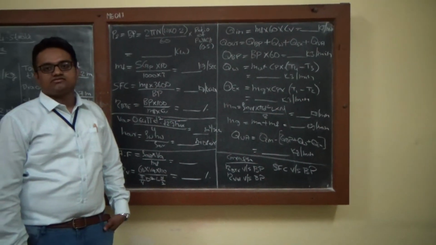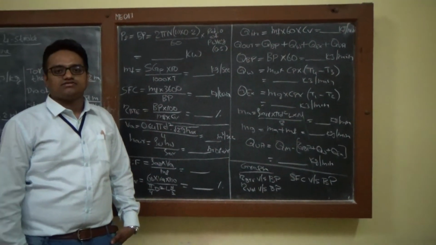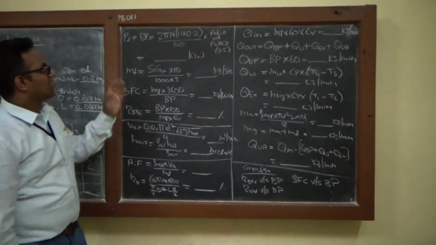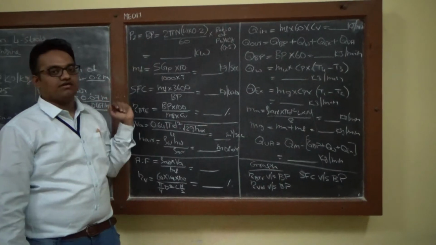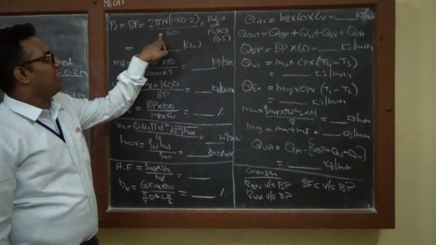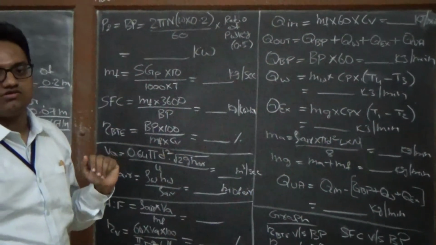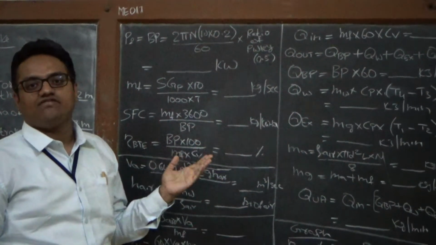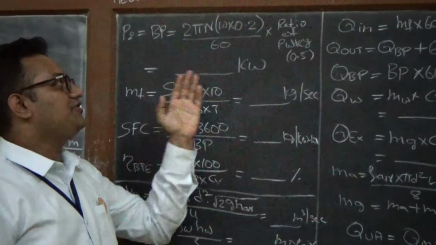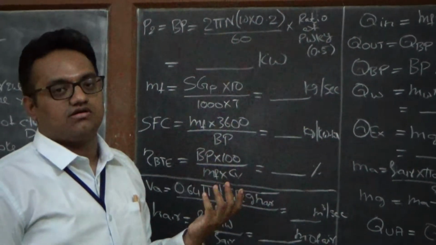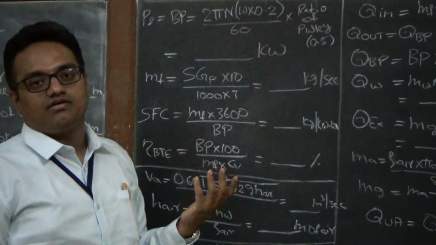Completed the experiments. Regarding the calculations, we have the brake power. 2 pi N, we already know, is the speed, which we have in the tabular column. We have W, which is the loading, into 0.2, the torque arm radius.